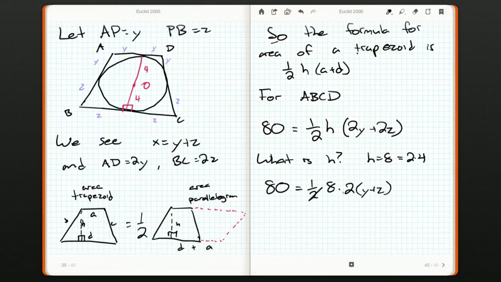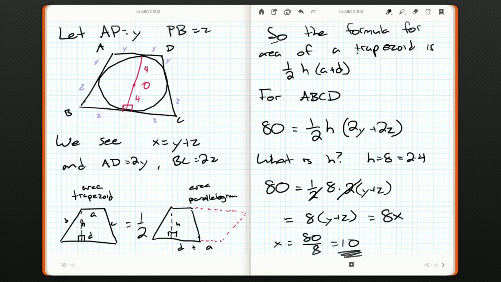Okay? So these two cancel each other out. And we're left with 8 times y plus z, but that's just x, which is the value we want. So x is going to be 80 over 8, which is 10. And that gives us the value of x.